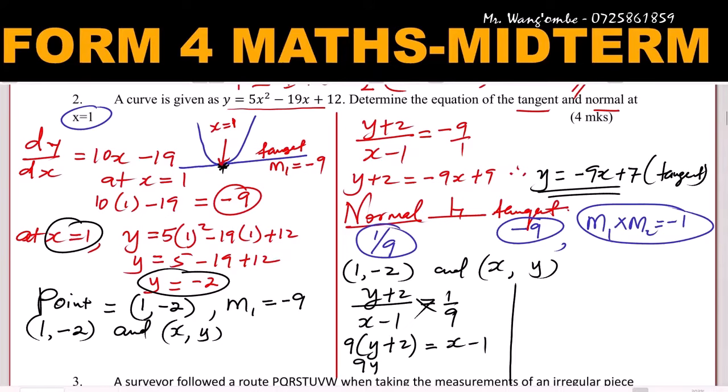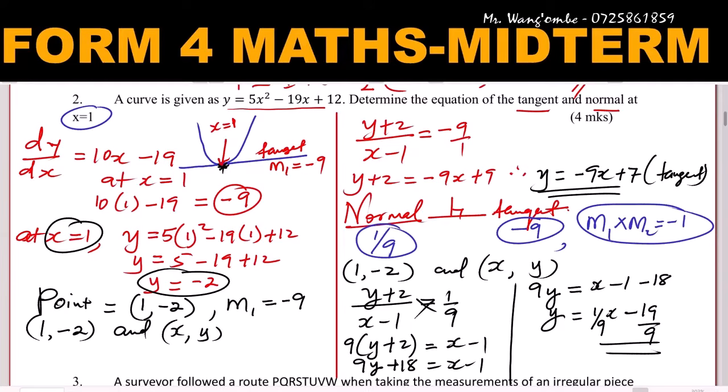And this will give 9y plus 18 is equal to x minus 1. So 9y is equal to x minus 1 subtract 18, which will give y is 1/9 x, and then -19 divided by 9. So that is the equation of the normal. So we have identified the equation of the tangent is there. The equation of the normal is there.